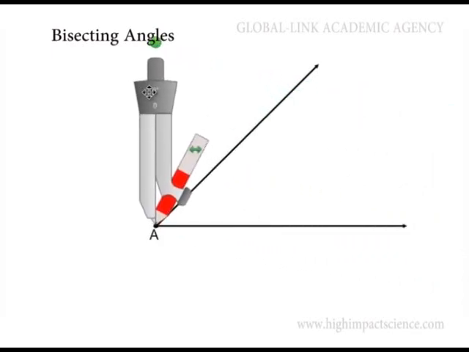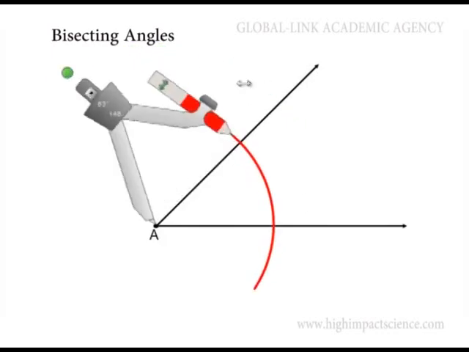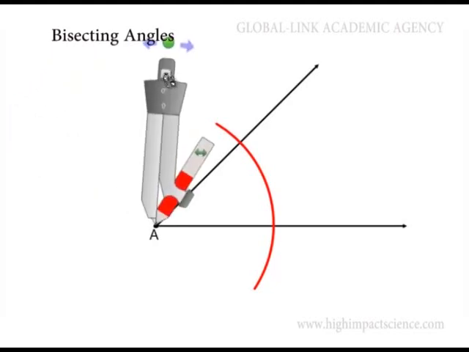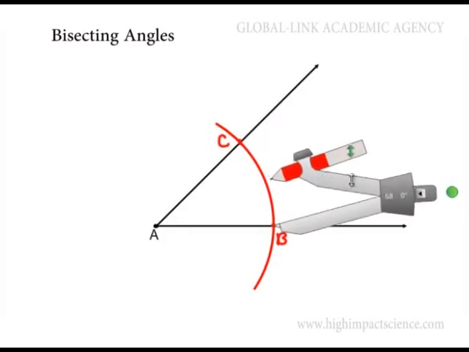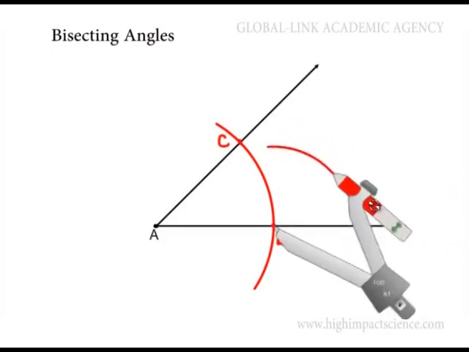Place the compass at point A. Open a convenient radius and mark an arc to intersect both lines. You can label the intersection points B and C. Next, open the compass and place it at B, and then mark an arc here.